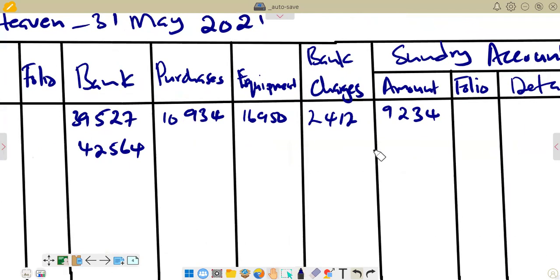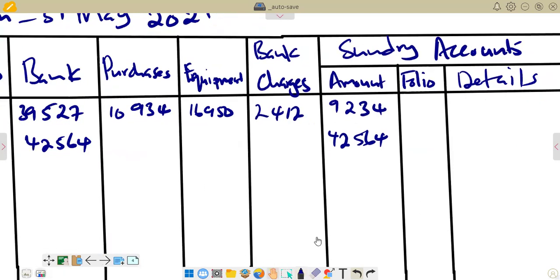So if you come here under sundry accounts, it means on the amount section we have got 42,564. In this on the details, remember this is a cancellation. So you can just write a cancellation.